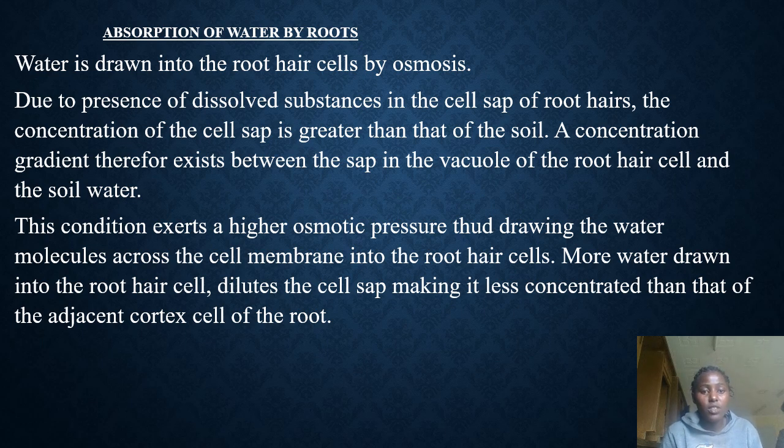Water is drawn in the root by cells through a process called osmosis. As we know from the earlier lessons that we learned at secondary level, osmosis is the movement of water molecules from the region of high concentration to the region of low concentration, due to the presence of dissolved substances in the cell sap of root hairs.